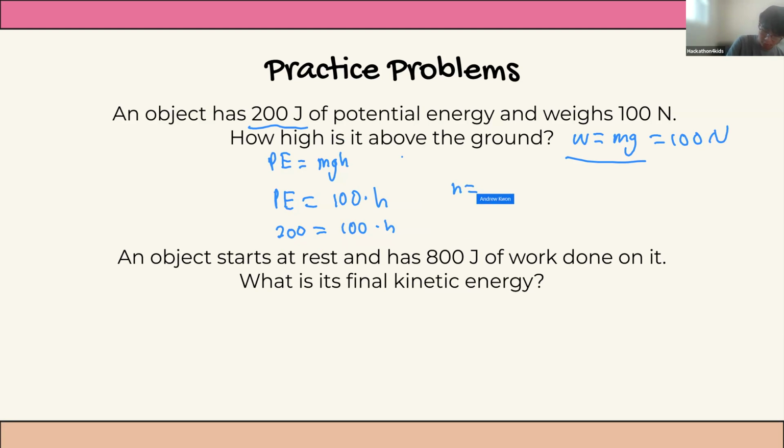And h will be 200 over 100. So h equals 2 meters above the ground. Okay, so this question, I think it was a little bit tricky, because it weighs 100 newtons. We're not given it in regular grams or kilograms, right? So that's when we need to identify that weight equals mg, and we covered that last week. And we just plug in for 100 newtons. All right, let's move on to our second question.